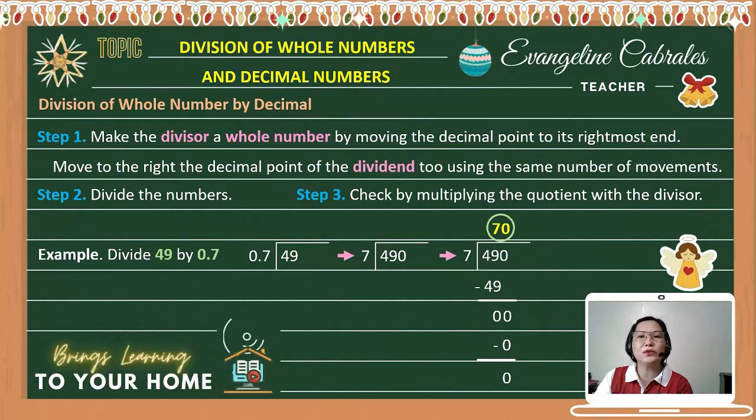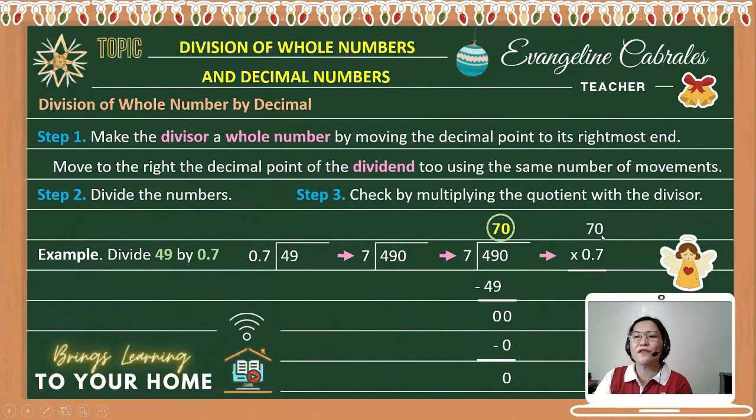Paano malalaman kung tama ang sagot? We are going to have step 3. Check by multiplying the quotient with the divisor. Alin ba yung divisor na iyong gagamitin? Ito bang 7 o itong original divisor na 7/10? Yung original. So, ang quotient ay 70, imumultiply mo siya sa original na divisor which is 7/10.